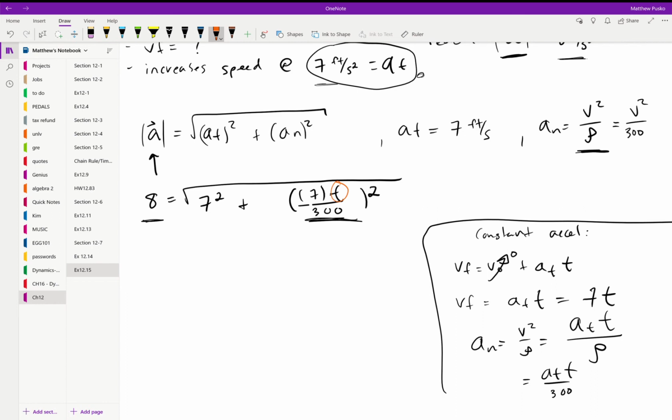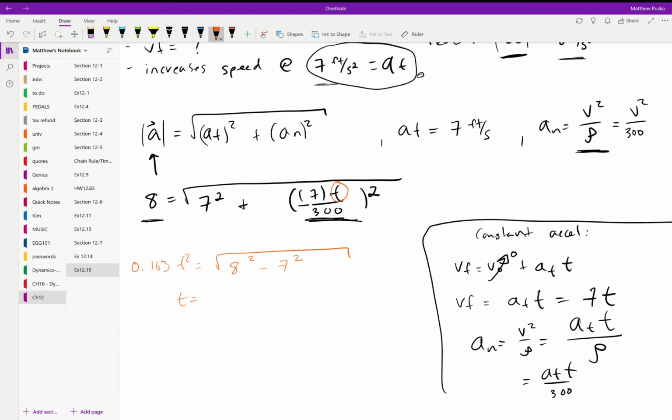We get 0.163 t squared is equal to the square root of 8 squared minus 7 squared.